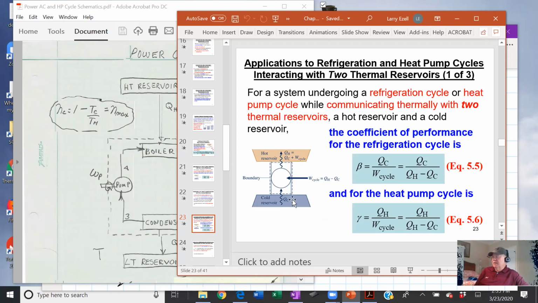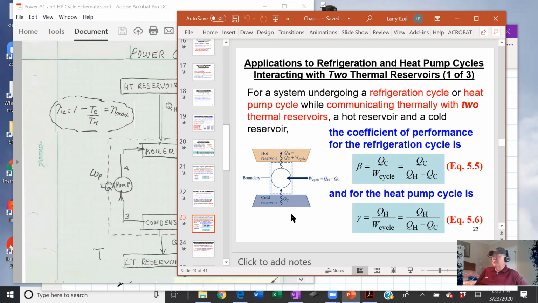Now, if it's an HVAC air conditioning system, it is indeed taking heat out of your conditioned space and literally pumping it out, against the second law, sort of, to a hotter space. But it has to be a cycle to do that. This is a refrigeration cycle here.